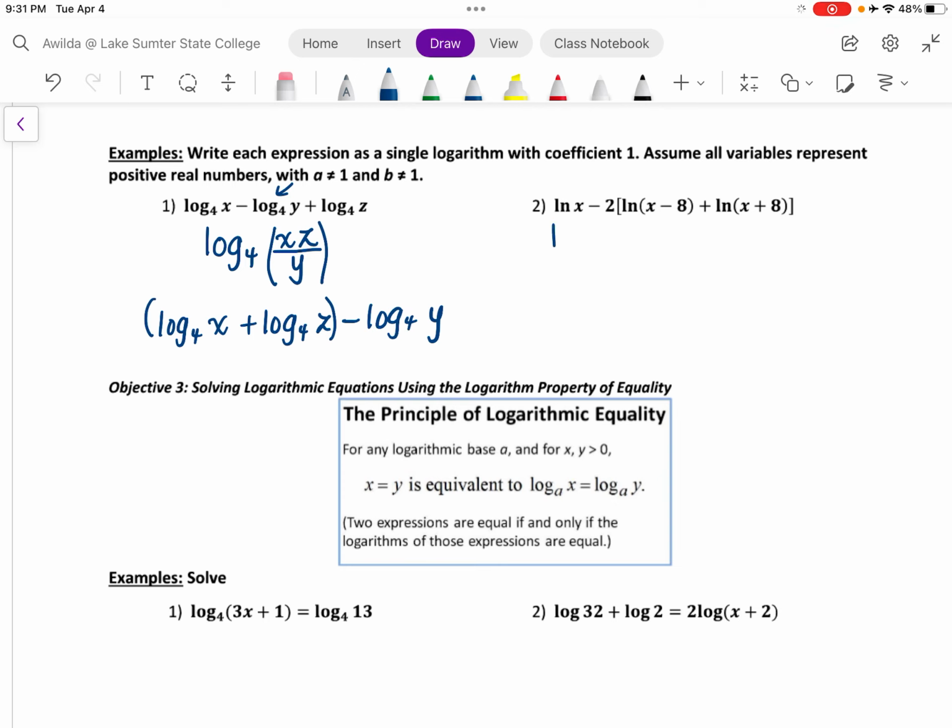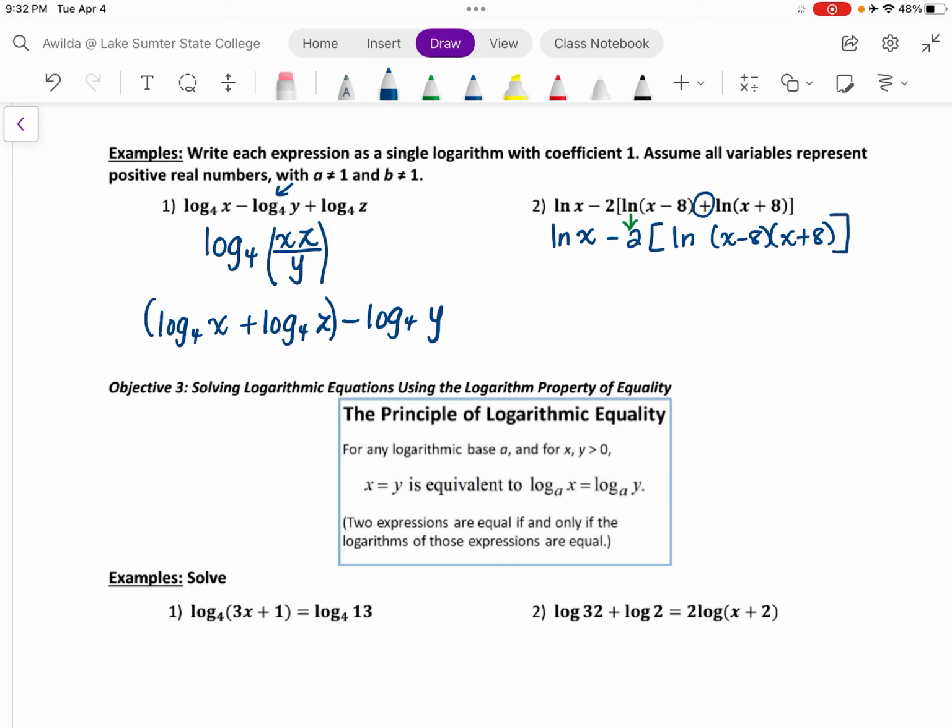So let's write this as natural logarithm of x minus 2 times. Here we have addition, so we're going to take the natural logarithm of x minus 8 times x plus 8. Next, we're going to deal with this 2 coefficient.